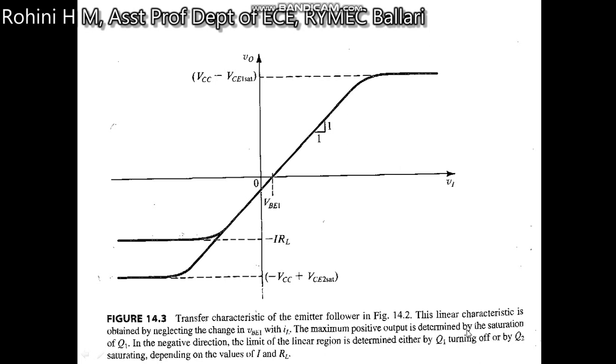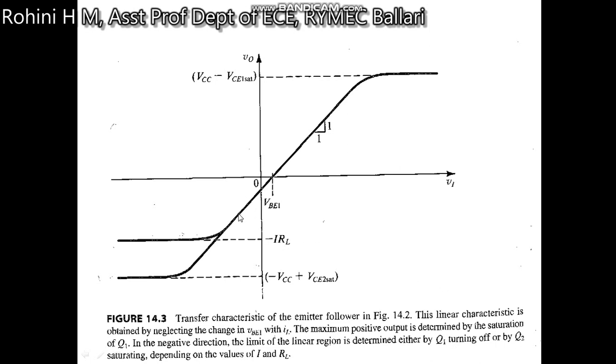The maximum positive output is determined by the saturation of Q1. In the negative direction, the limit of the linear region is determined by Q1 turning off or Q2 saturating, depending on the value of I and RL. So depending on this value, Q1 may turn off or Q2 may saturate.